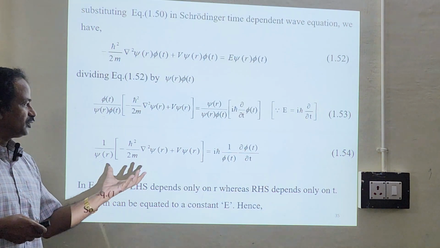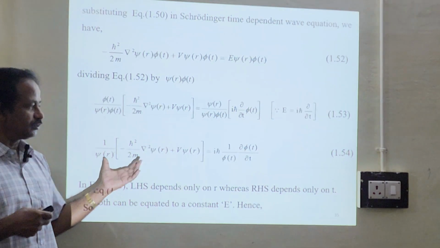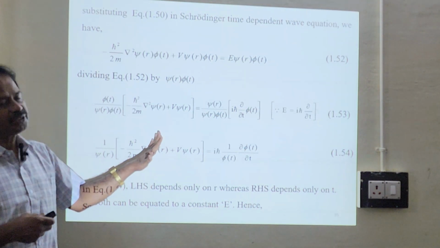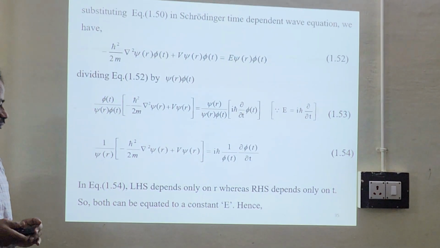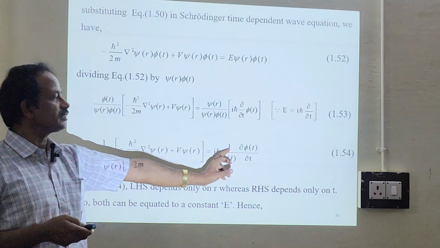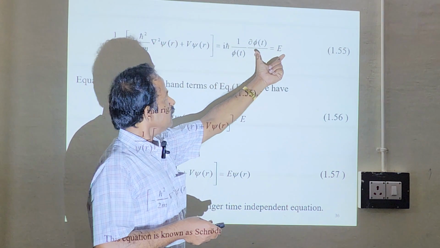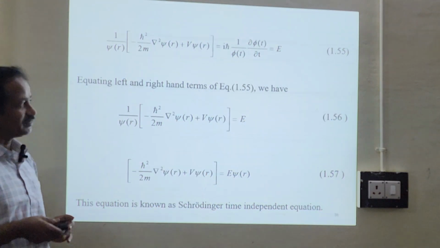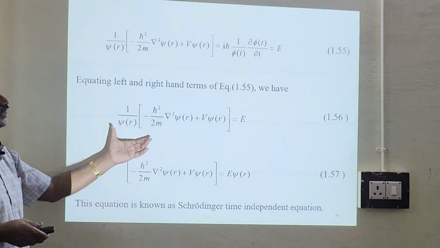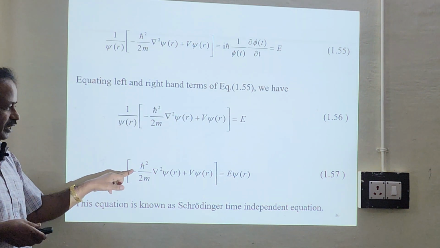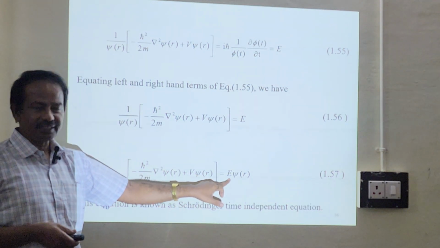So using separation of variables, this depends only on r, this depends only on t, so we can equate this to a constant, which we call E. So this is equivalent to E, this is equivalent to E. Now equating the left hand side to E, you get minus h bar square divided by 2m del square psi of r plus V psi of r equals E psi of r.